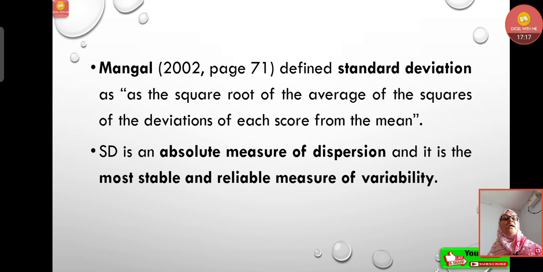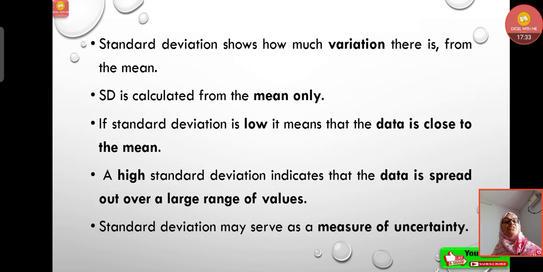Standard deviation is the square root of the average of the squares of the deviations of each score from the mean. SD is an absolute measure of dispersion, and it is the most stable and reliable measure of variability. We use this calculation a lot in the education field. Standard deviation shows how much variation there is from the mean.